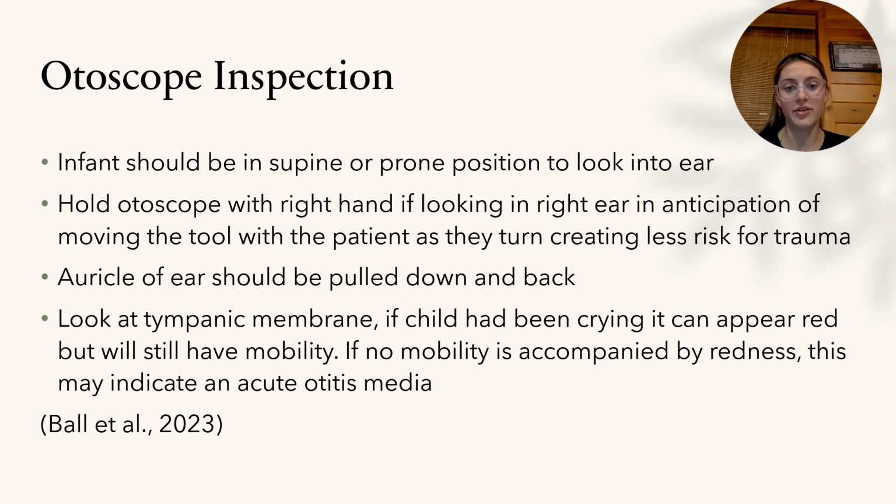The auricle of the ear should be pulled down and back. And then we're going to look at the tympanic membrane. If the child's been crying, it can appear to be red, but it's going to still have mobility if it's due to crying. If there is no mobility and it is accompanied by redness, it may be indicative of an ear infection.